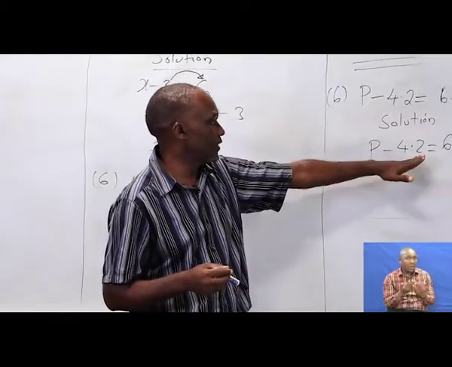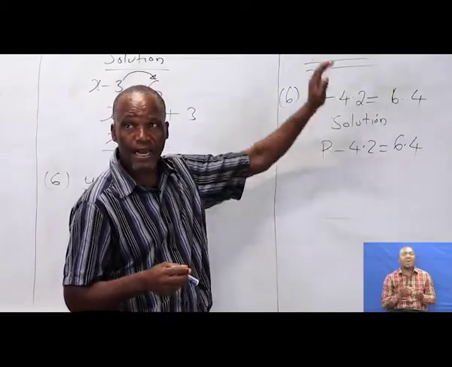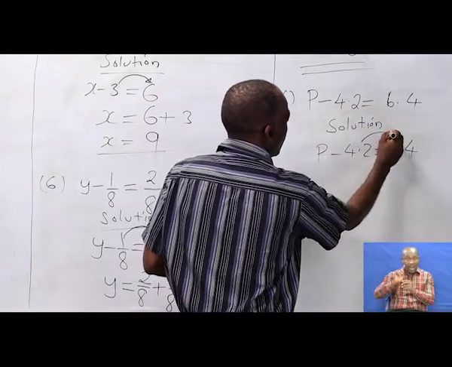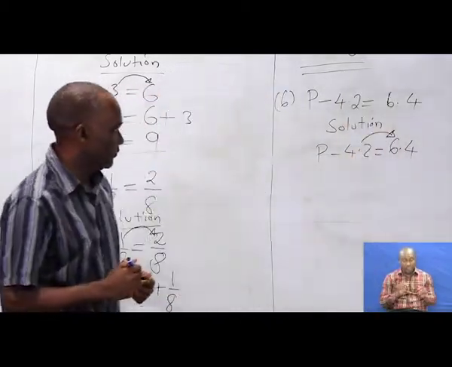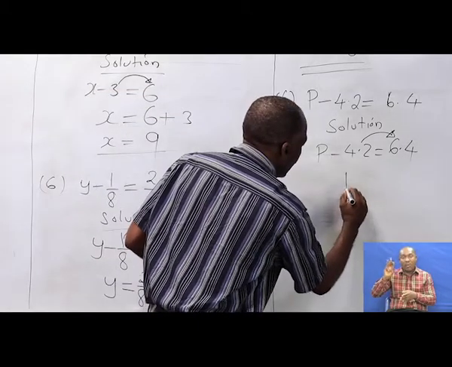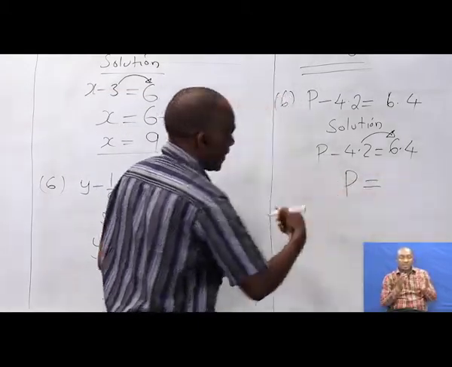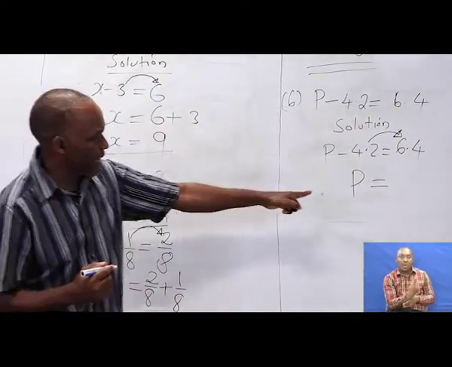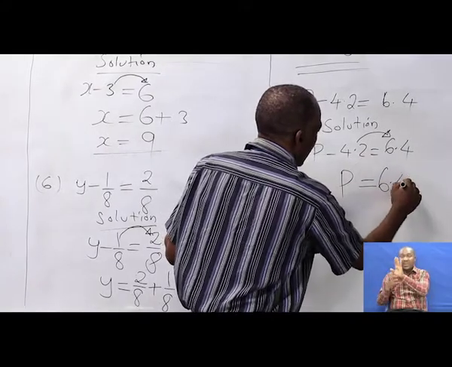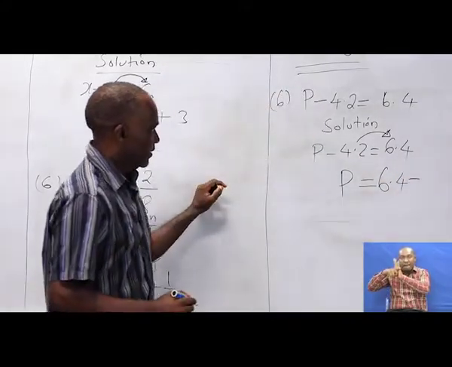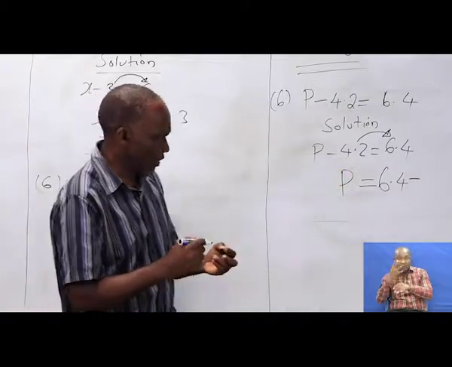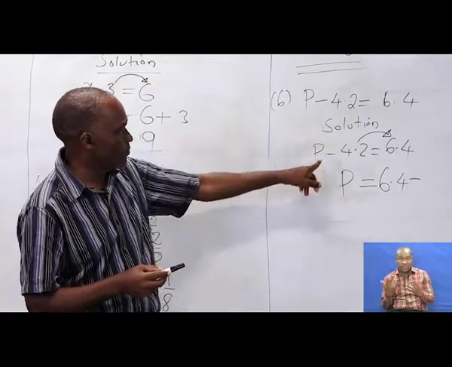You need to shift the numeral 4.2 to another side. So we have to shift it by using the arrow. Okay? So here you are going to remain with p. Then here it will be 6.4 plus the number which is shifting to another side, which is 4.2. What is the sign of 4.2? It's minus.